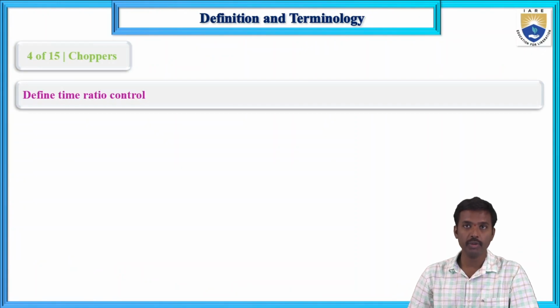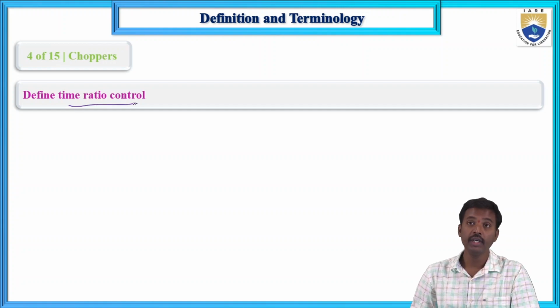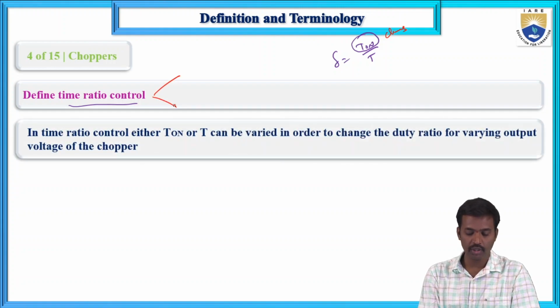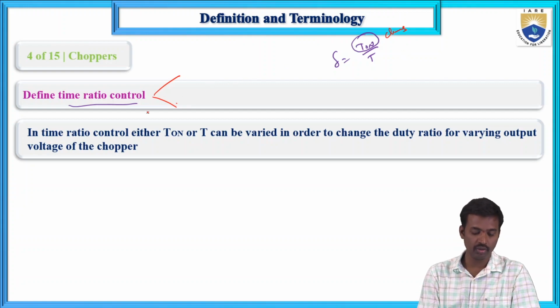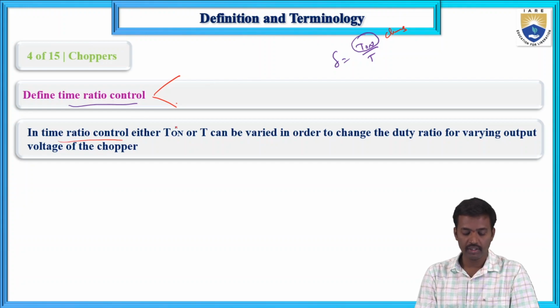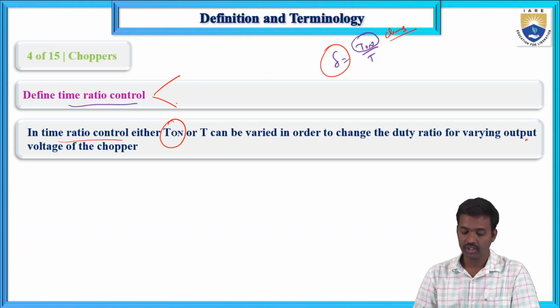The first one is current limit control; the second one is time ratio control. In this, delta equals T on divided by T. Either T on or T should change while the other stays constant.